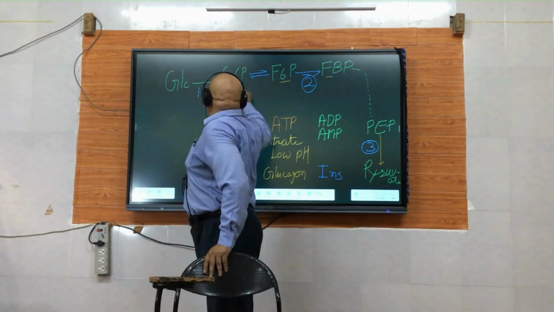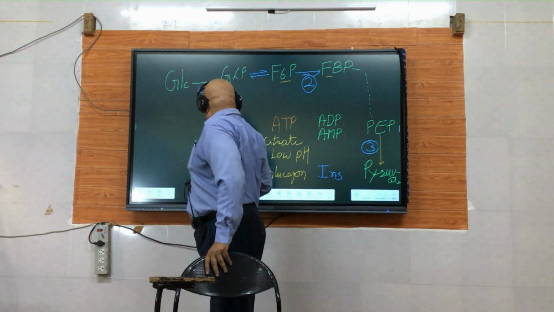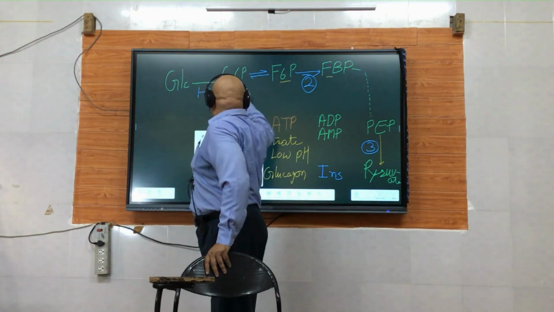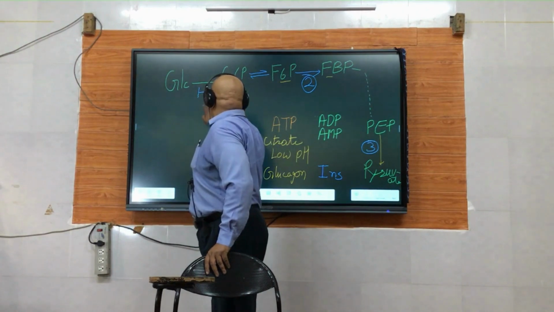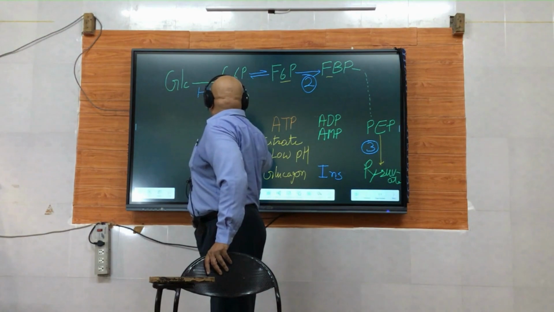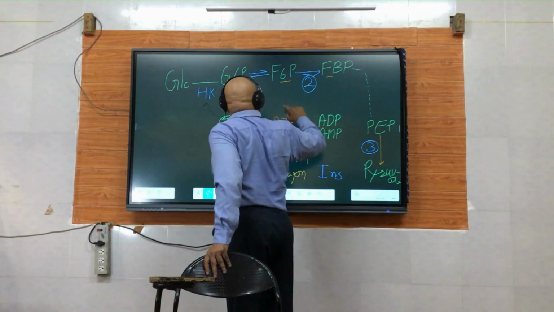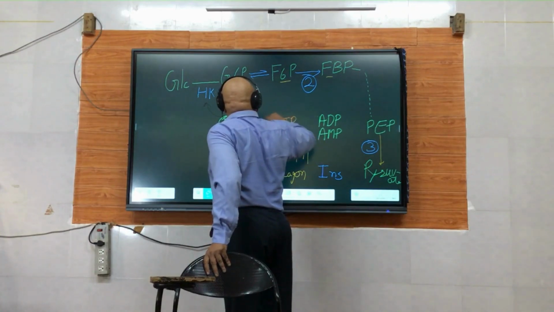The first one, hexokinase, is subject to feedback inhibition: glucose 6-phosphate is an inhibitor of this enzyme. So let us come to phosphofructokinase.